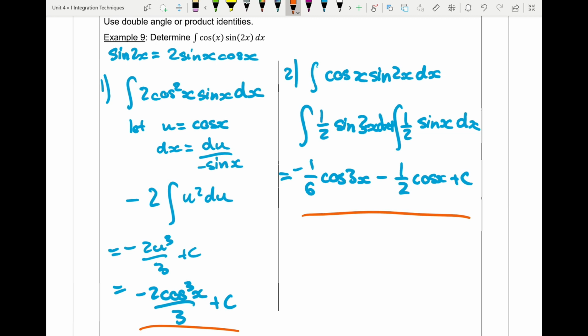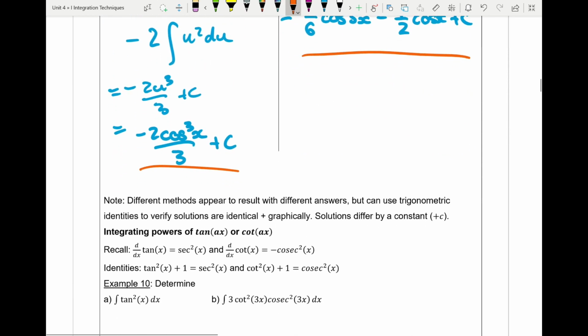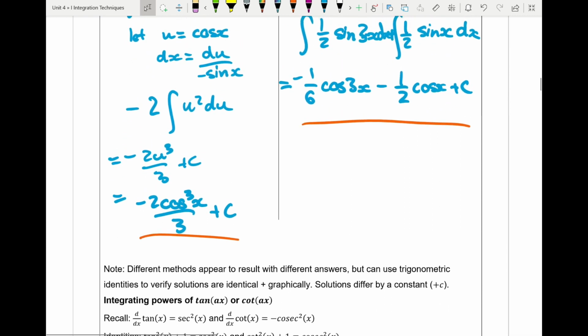And we've got a note down here for that. Note, different methods appear to result in different answers, but you can use trigonometric identities to verify solutions are identical, and graphically. Solutions will differ by a constant, which is of course in our c term. So really these c's are not identical. We might have c1 and c2 that account for the differences between the two functions.